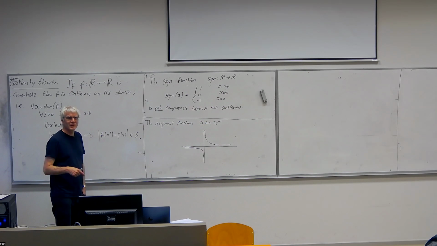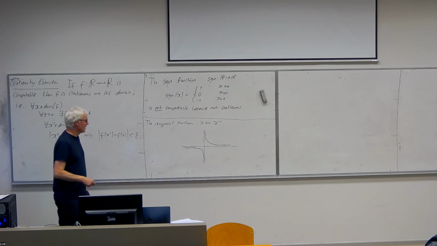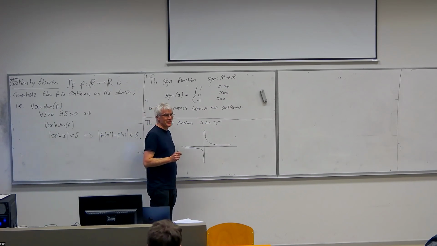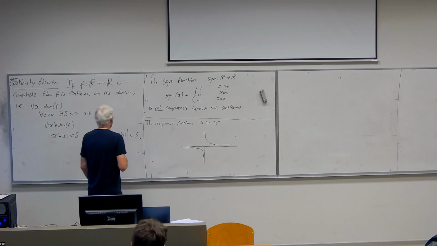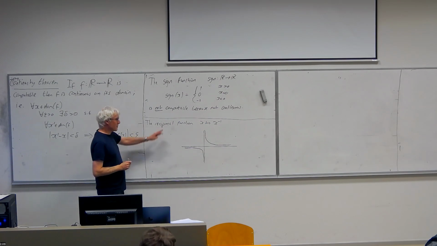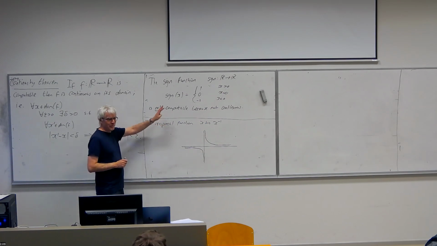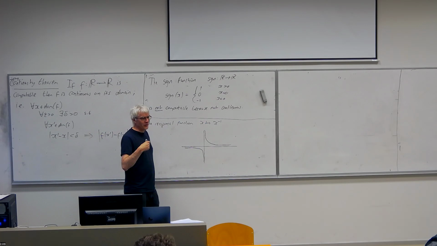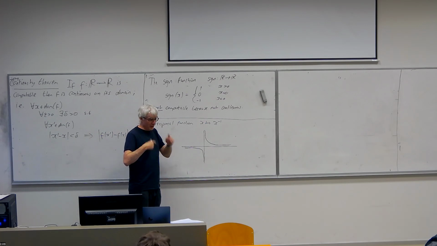Yes? I think on its domain, yes. Okay, very good, so without 0. Yeah. So indeed, it is computable. Essentially, one can work that out by writing an algorithm for 1 over x on dyadic rationals. But if you've got a dyadic rational, 1 over the dyadic rational is not necessarily a dyadic rational.